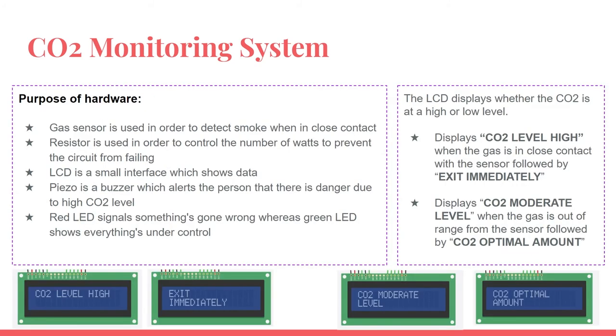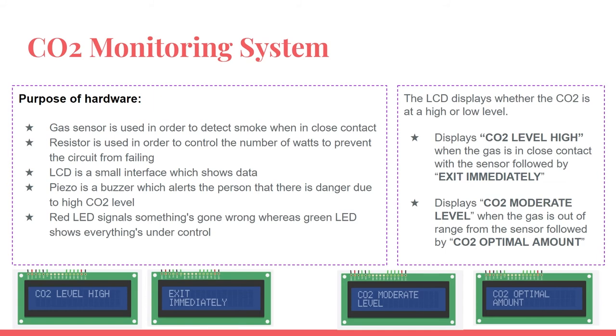The purpose of using a gas sensor was so that it would then detect any smoke when in range of the sensor. Resistors were used in order to control the number of watts and also to prevent the circuit from failing. An LCD was used to print the information to explain the current situation of the CO2 levels.